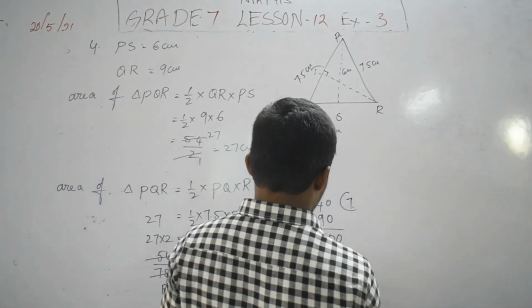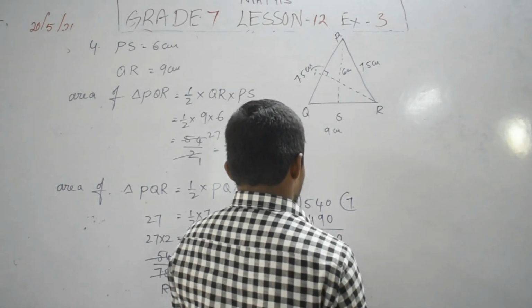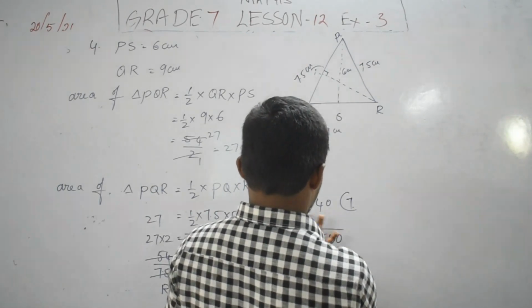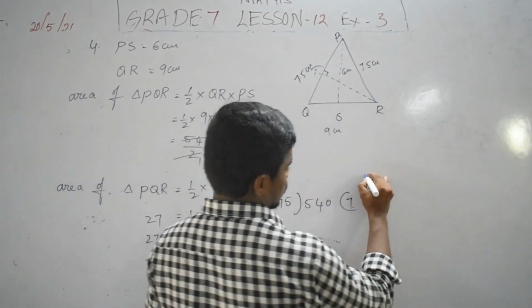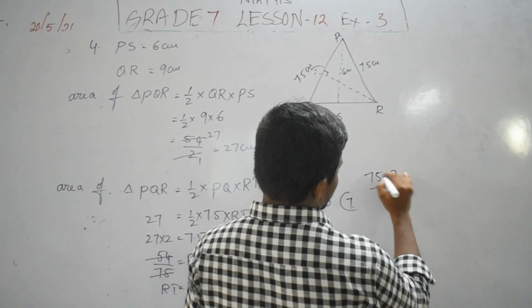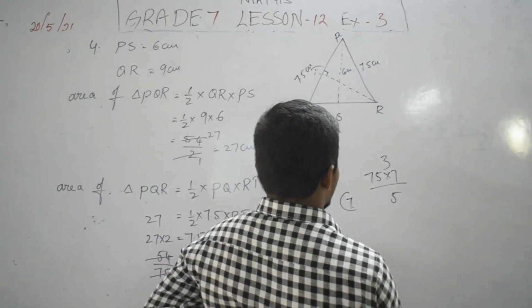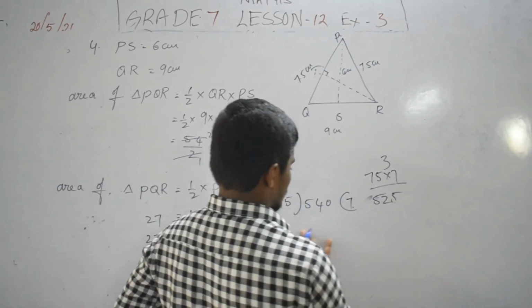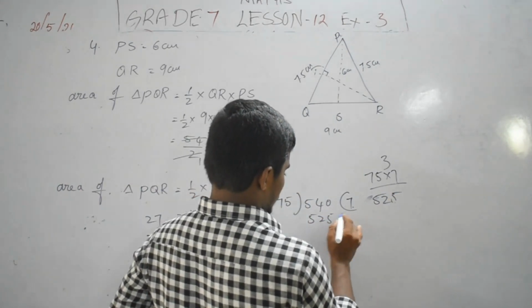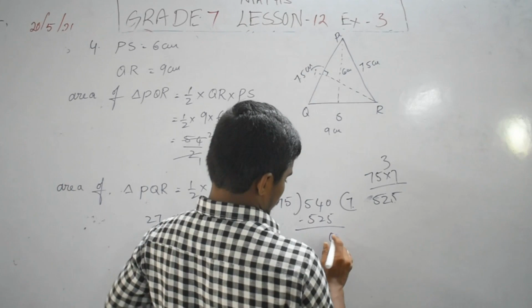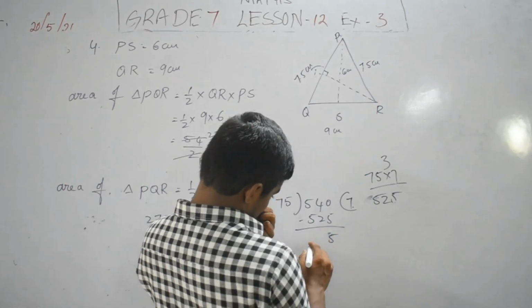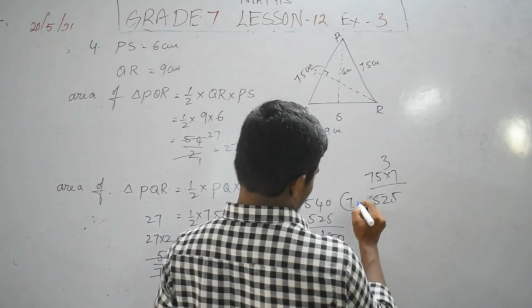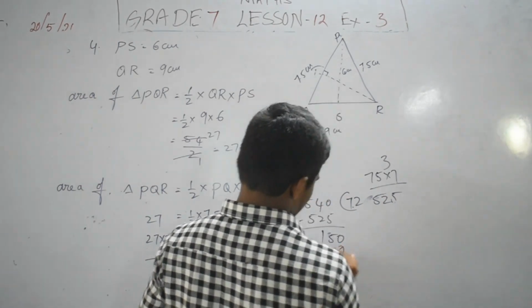Point 0. 75. 7 7 jar 75. 7 jar 7 5 jar 35. 7 7 jar 49. 40 52. So 525. 5. Here 1 0 75 2 jar 150.